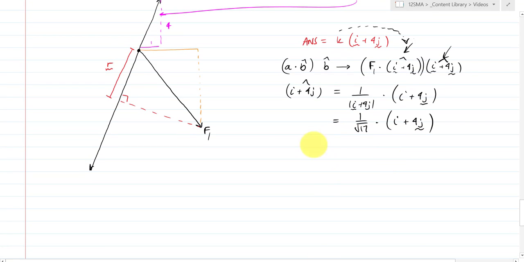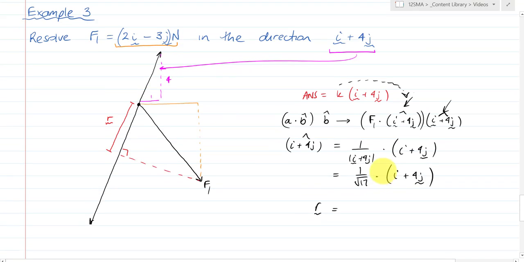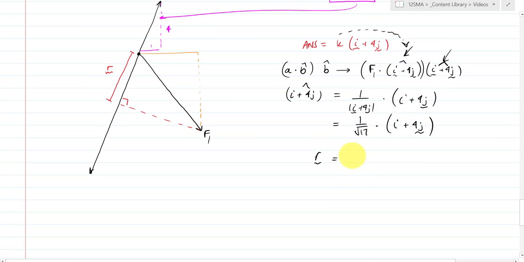So the value of R, as I've called it, is equal to F1, which is 2i minus 3j, dot 1 over root 17 times i plus 4j, which is my unit vector, and then all times 1 over root 17 times i plus 4j.